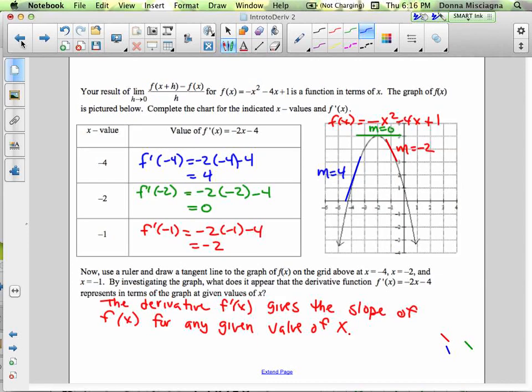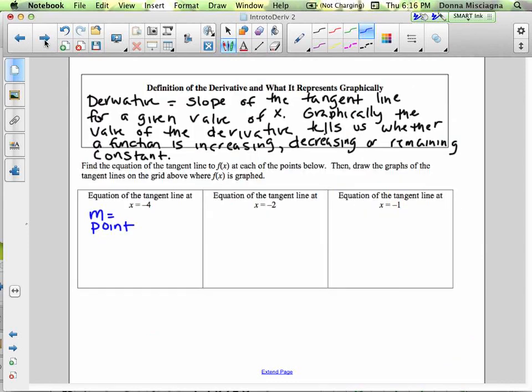To find a point, all we have to do is look at the graph. So when x is -4, it looks like that point is (-4, 1). So our slope is 4, and the point is (-4, 1).